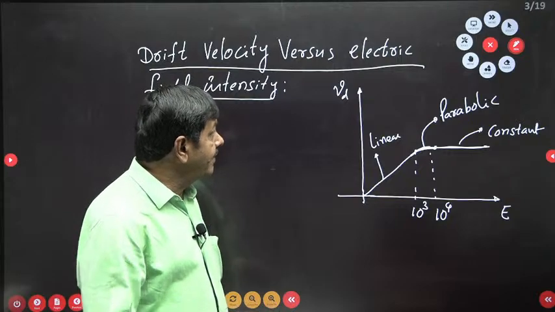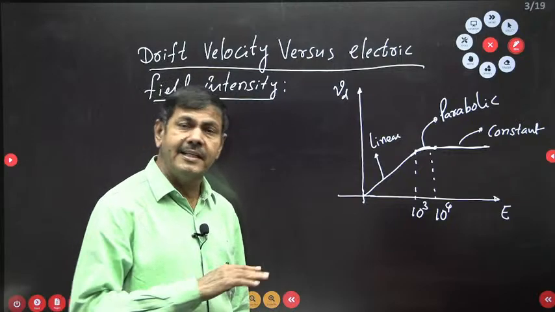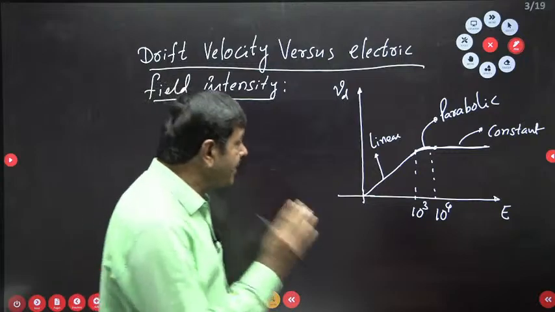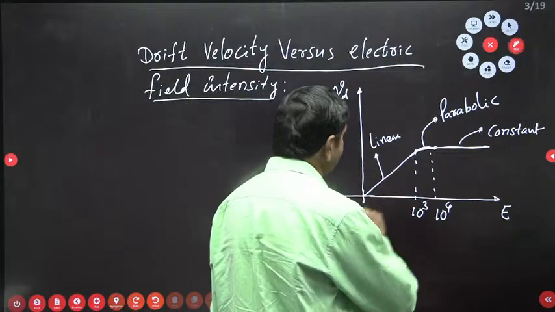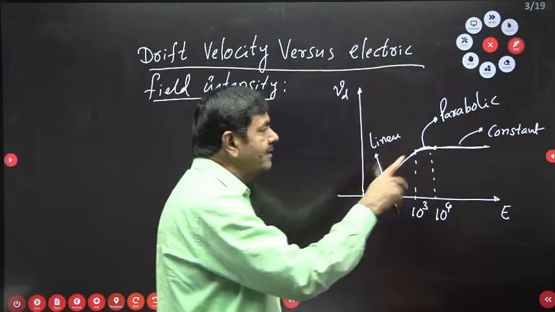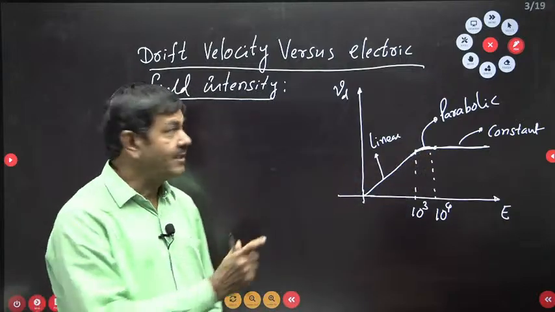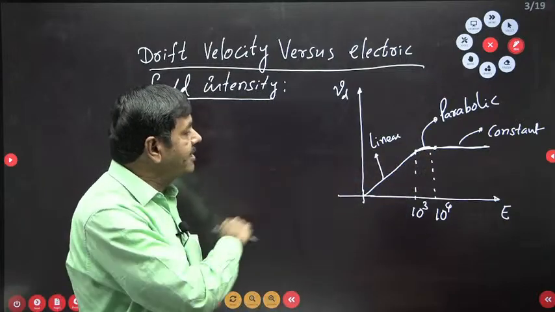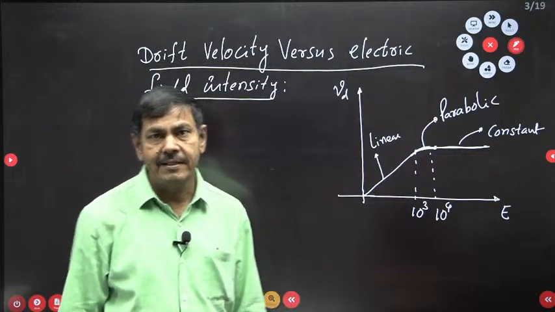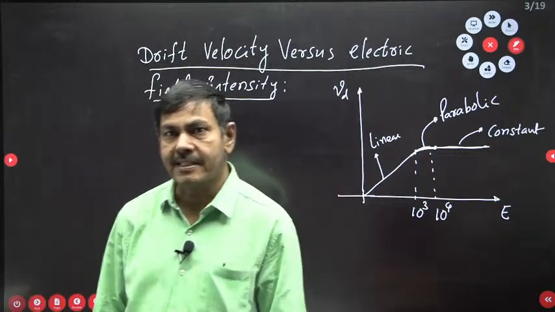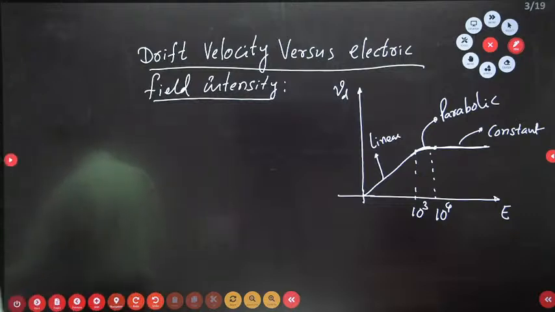Electric field intensity versus Vd will not be linear for any value. Up to some extent only you can find linear, then after parabolic, then after constant. Now, this is the drift velocity versus electric field intensity curve. Understand my point. Next one I will give.